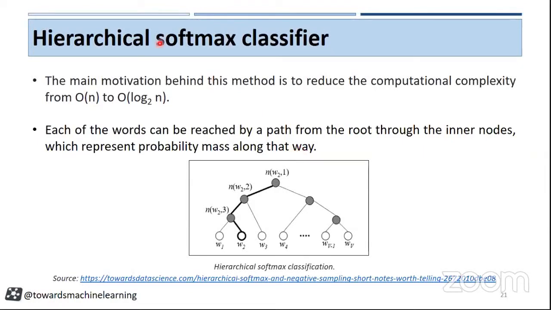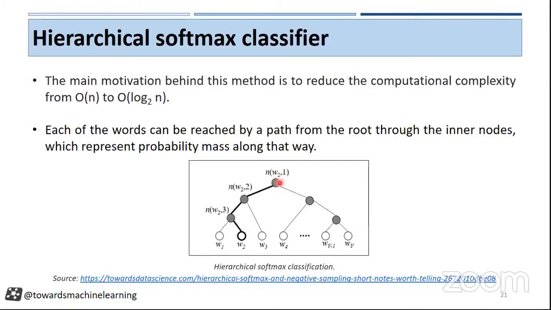The next topic is the hierarchical softmax classifier, and it is also a method to reduce the computational cost of our original model. Here we divide our entire vocabulary into a tree-like structure. To build this tree-like structure, we use Huffman encoding.